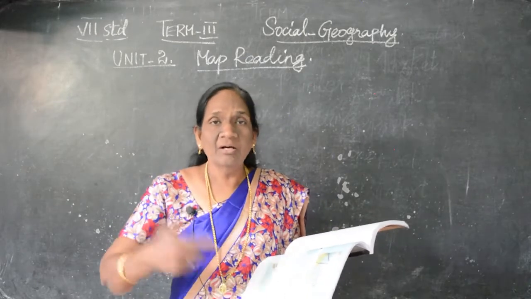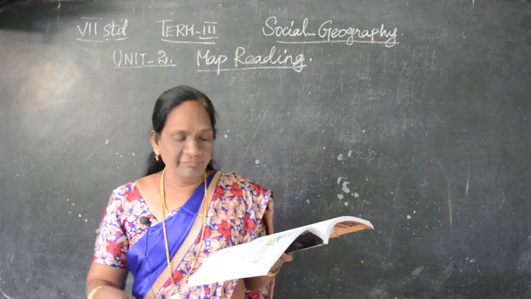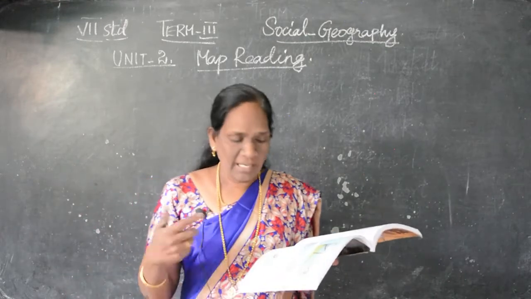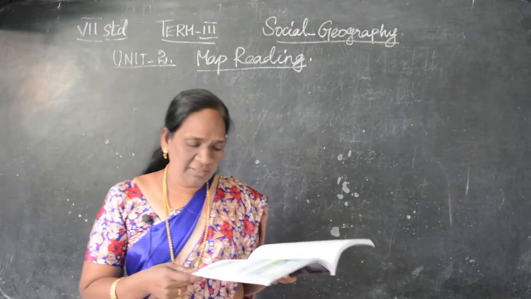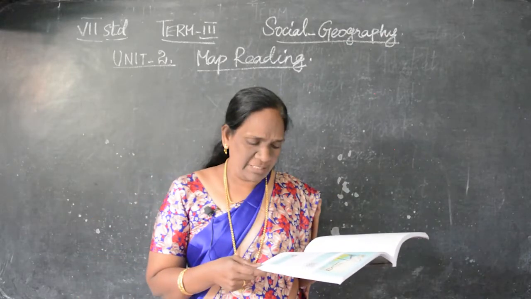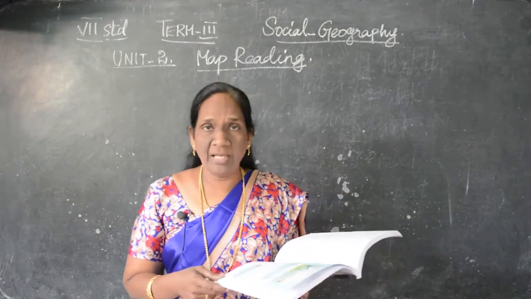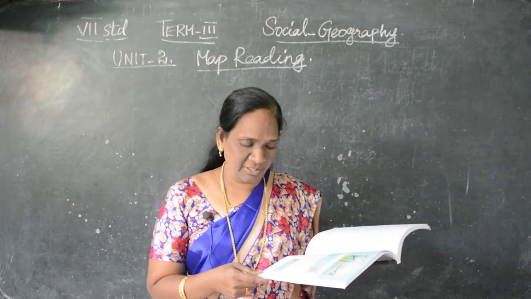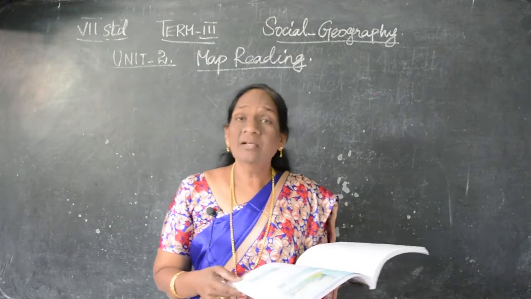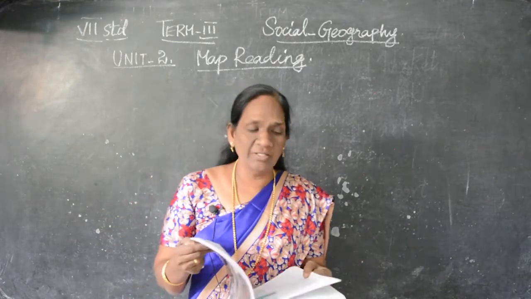So we can roll it and keep it in a place, and we can fold the map also, and we can store it in the computer also. And in early times various materials were used for making maps, like animal skin, cloth, parchment, papyrus, wet earth and clay tablets. They used all these for drawing maps.